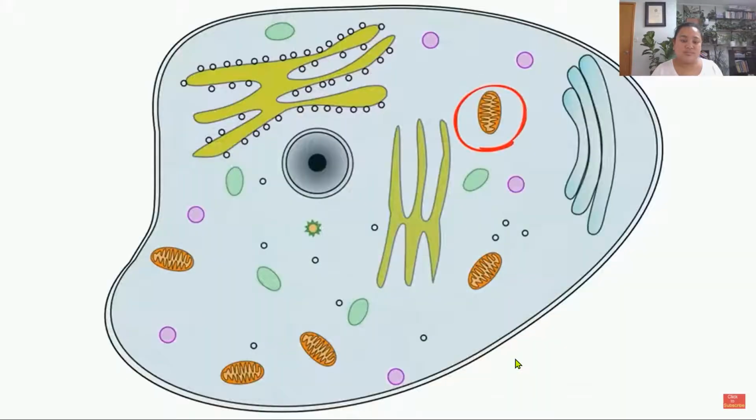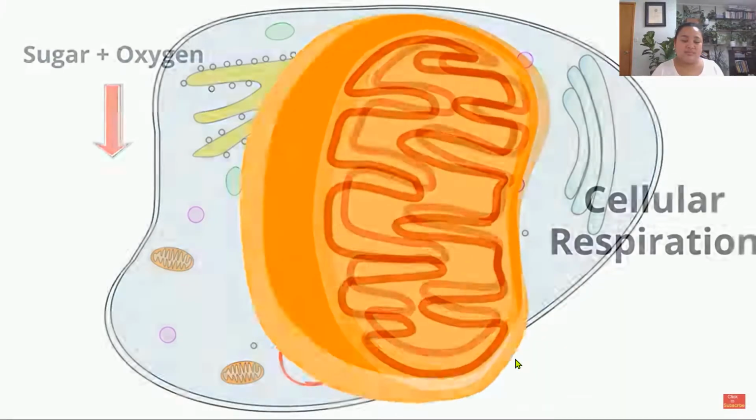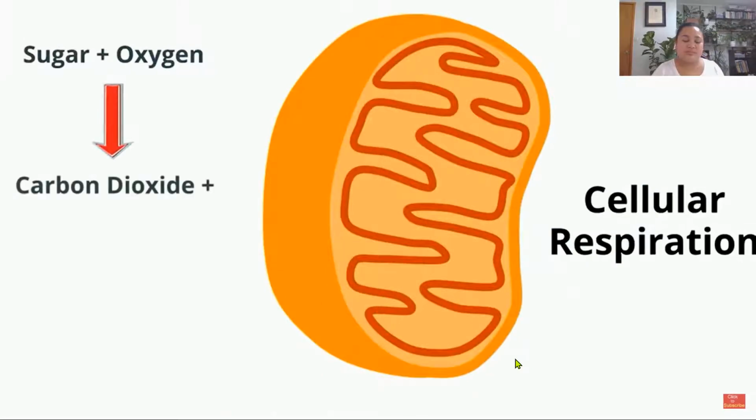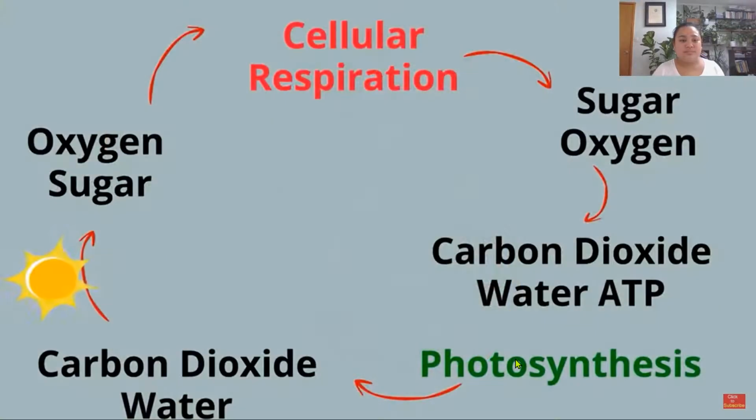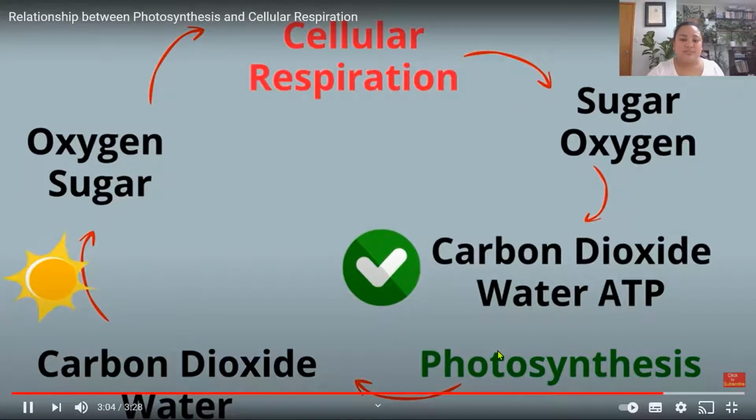At the mitochondria, the sugar combines with oxygen to produce carbon dioxide, water, and energy in the form of ATP. So in summary, photosynthesis takes carbon dioxide and water plus sunlight to create oxygen and sugar, which is exactly what cellular respiration needs. Cellular respiration takes the sugar and oxygen to create carbon dioxide and water plus ATP.